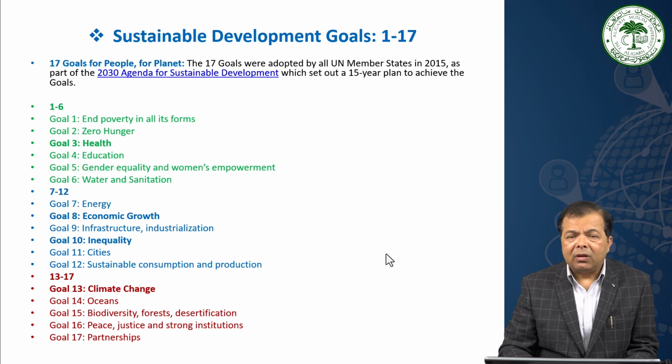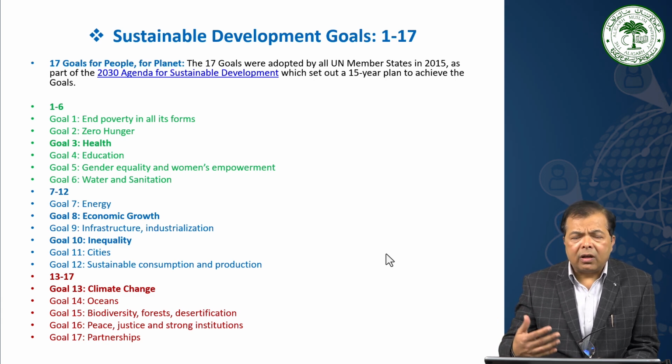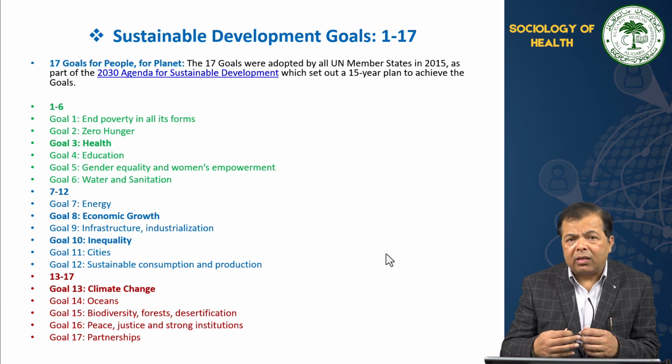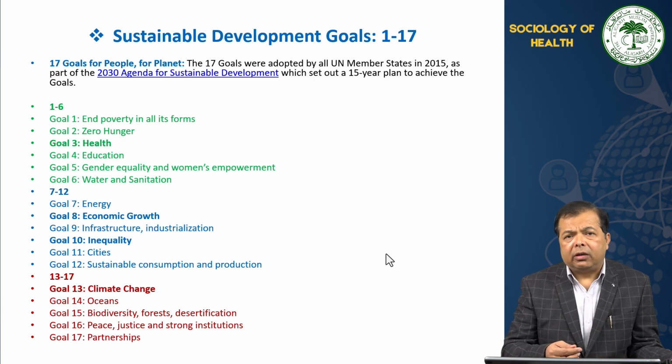Now, consumption and production, these are the two processes which are driving the world economy at an elementary level. On the one hand, there is a process of production, and on the other hand, there is a process of consumption. And basically, the optimum connect between production and consumption is actually the driving force for sustainability.